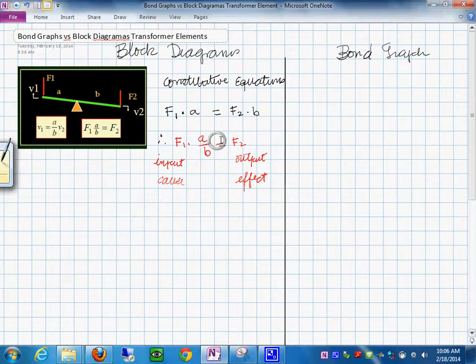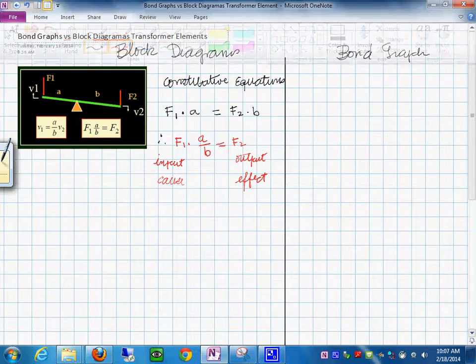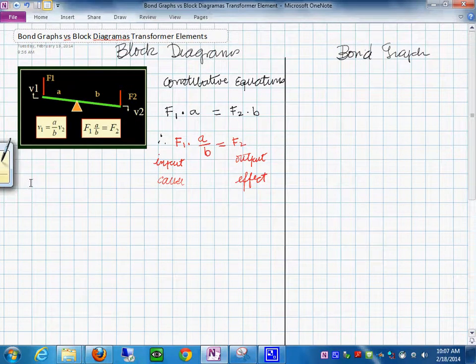This equation can be represented by a block diagram and also by a bond graph model. But because it is a two-port element, we need to look at the other transformation that occurs. And that is the one between the velocities. So in here, isn't it true that the velocity 1 is omega times A?